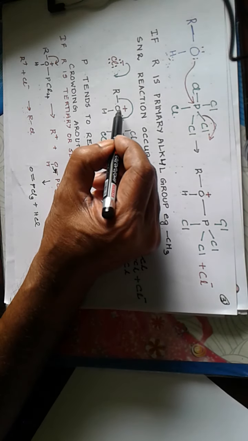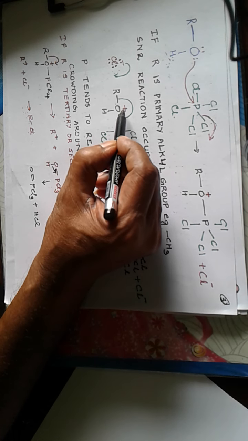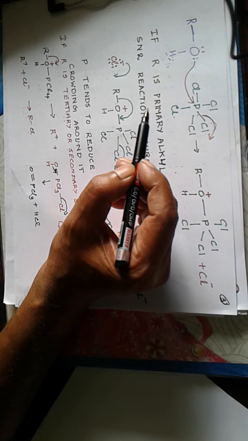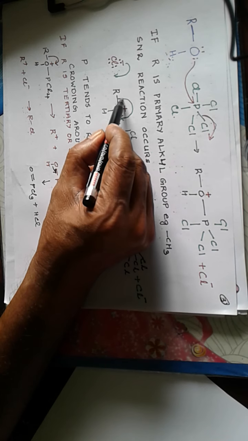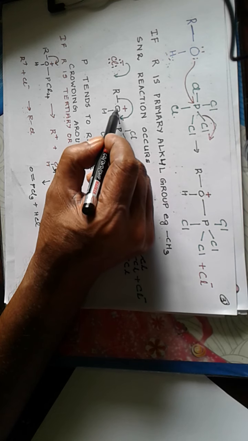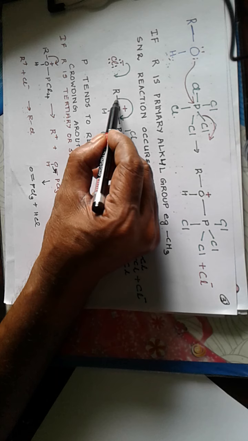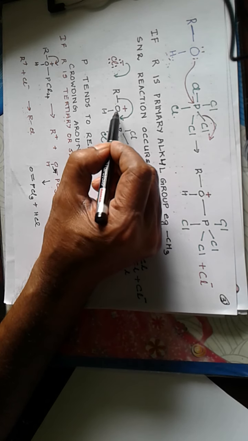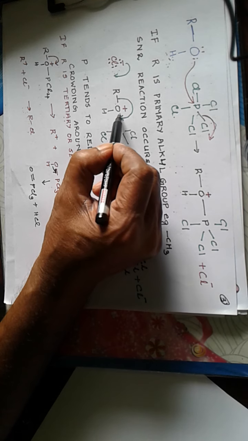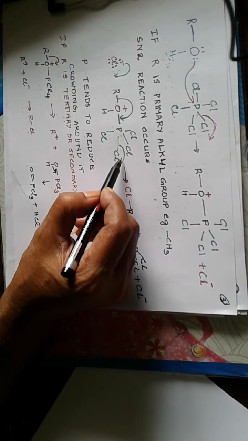Now this can shift towards the oxygen atom, neutralizing the charge. That is one possibility. Another possibility is that this bond will be directly shifting in between O and P. If you think mechanically, this bond rotates 180 degrees to the position between oxygen and phosphorus, making it a double bond, and to maintain the valency of phosphorus, this chlorine is removed as Cl negative.